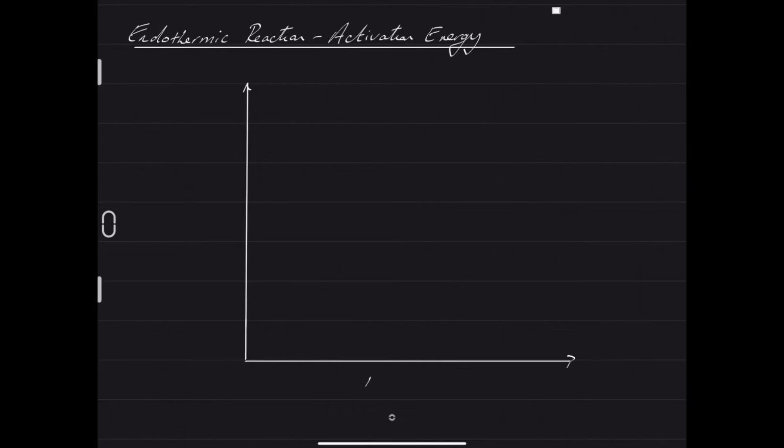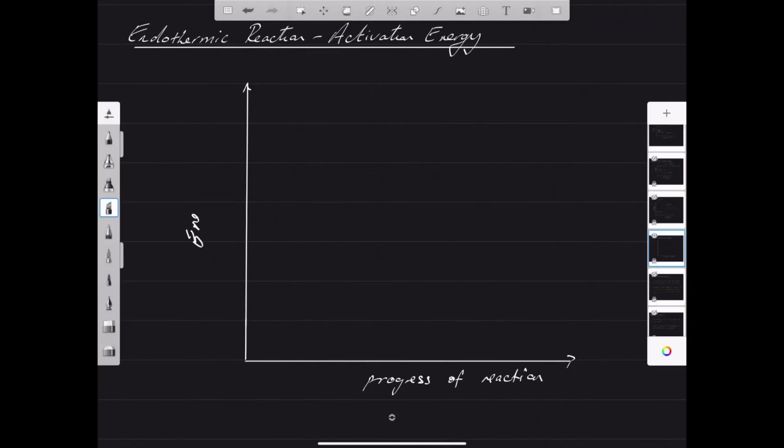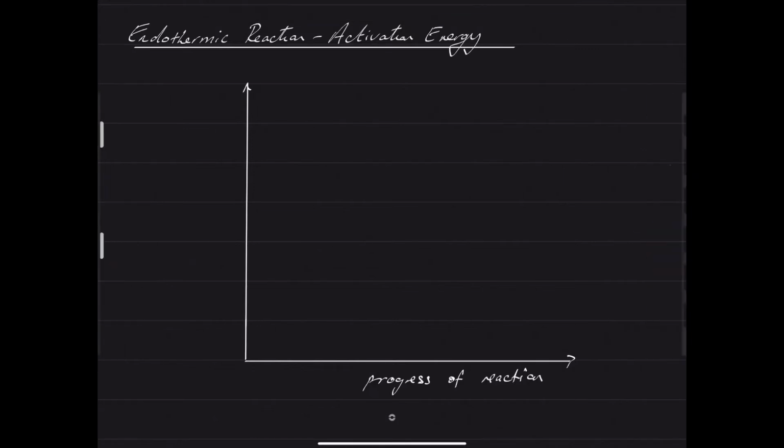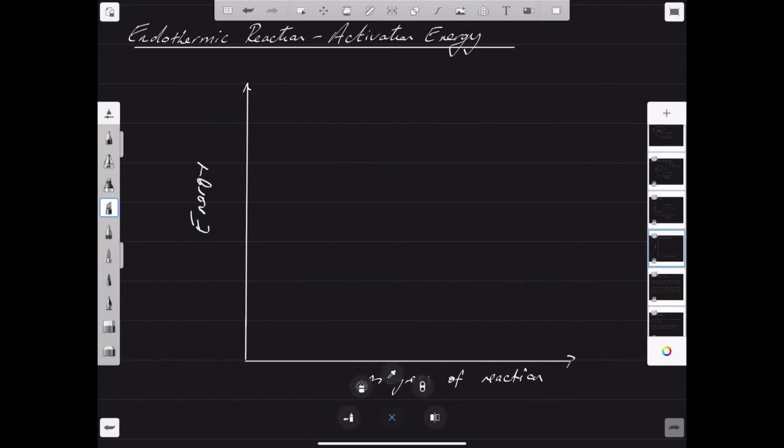Progress of reaction is on the x-axis. Energy is on the y-axis, and then we have to represent our reactants and products.